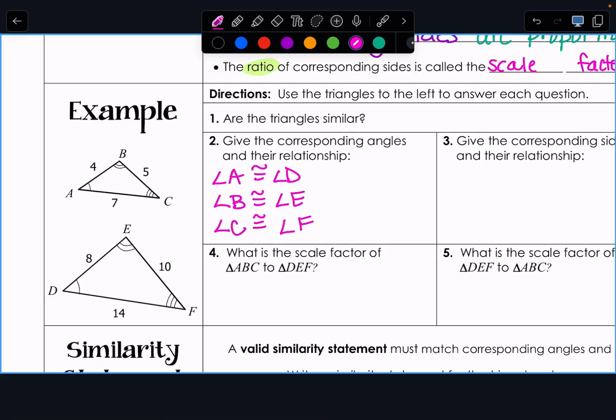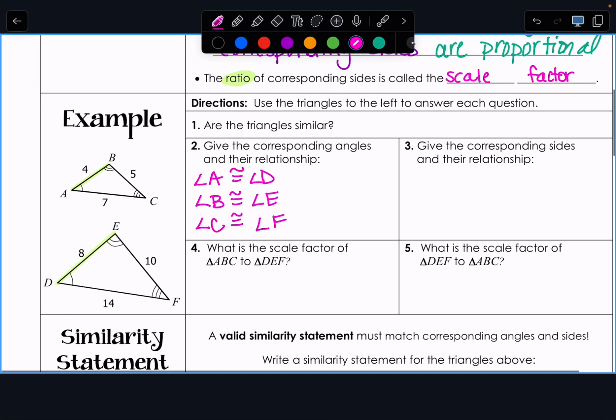Okay, now let's talk about our sides. So we're going to come back up to here. I am going to highlight in green this side AB, that's 4. What number is in the corresponding spot down here in this big triangle? 8. So I am going to make the ratio 4/8. Can we reduce that?